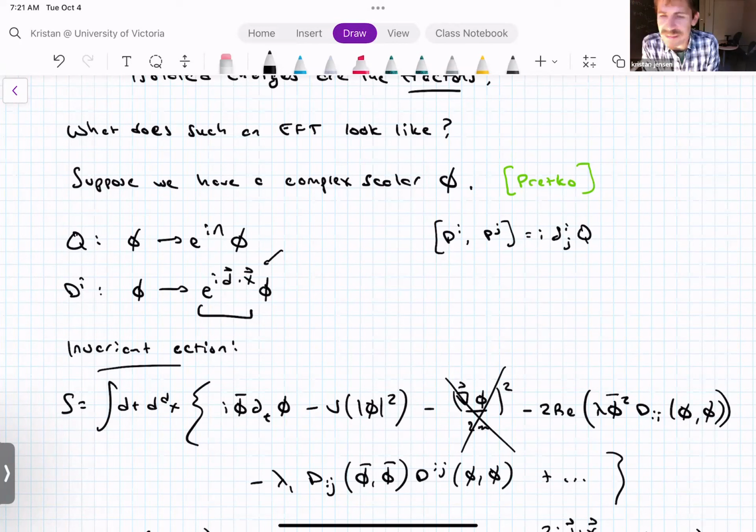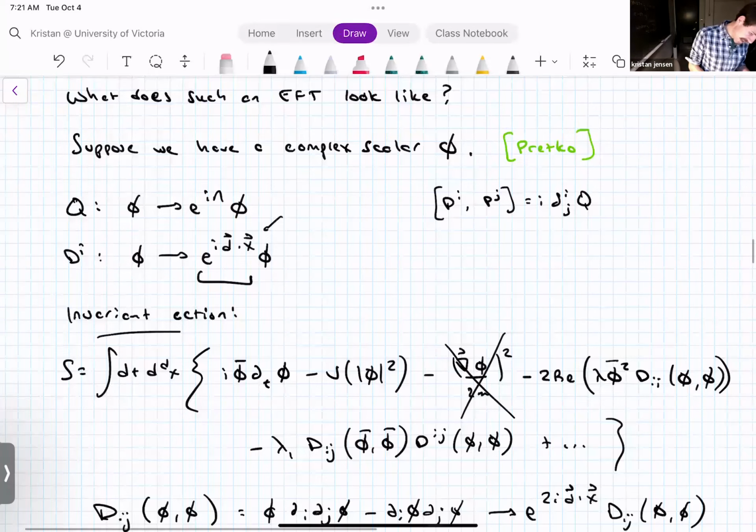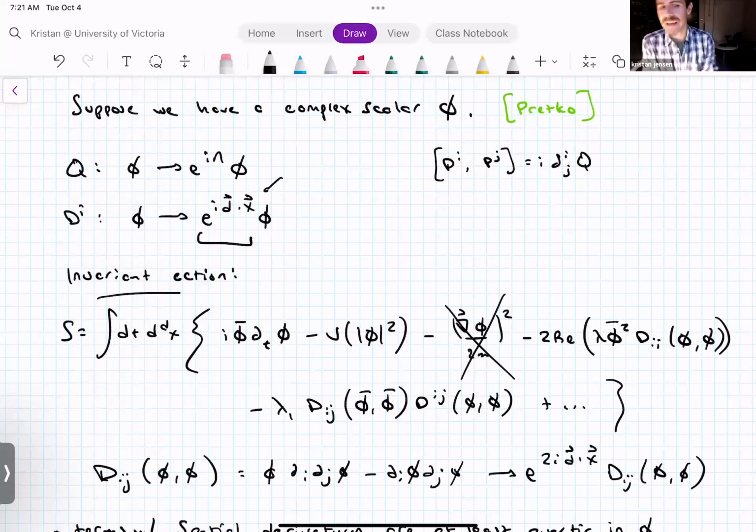In fact, the simplest terms that you can write down that have spatial derivatives are unconventional. We're not used to them. They're non-standard. That's what I'm writing with this funny d_ij. So what is this d_ij? This d_ij is a bilinear, has two derivatives, two powers of the field. It's an object that is covariant under dipole transformation.